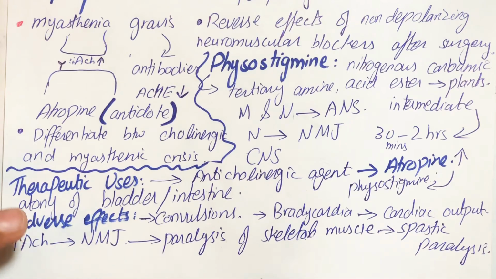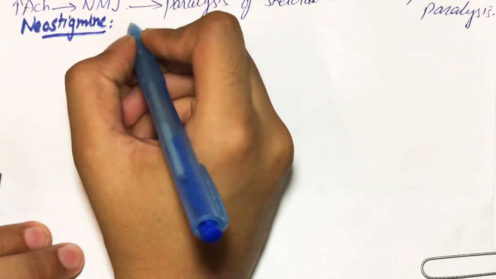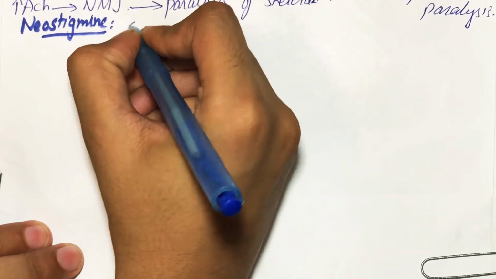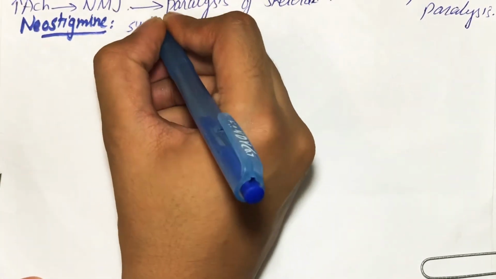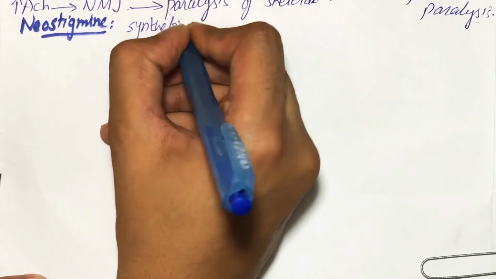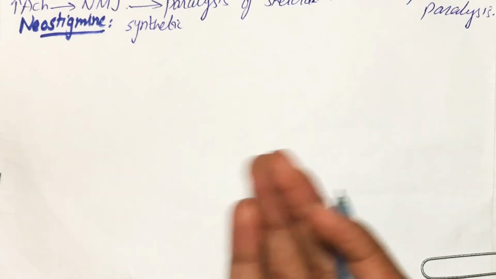And this all happens only when you are giving high doses of Physostigmine, but at the therapeutic doses, none of these are seen. So Neostigmine is actually a synthetic compound, that is, it is a man-made product, whereas the previous one, Physostigmine, was naturally present in plants.